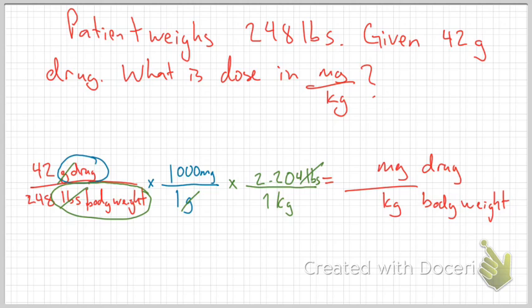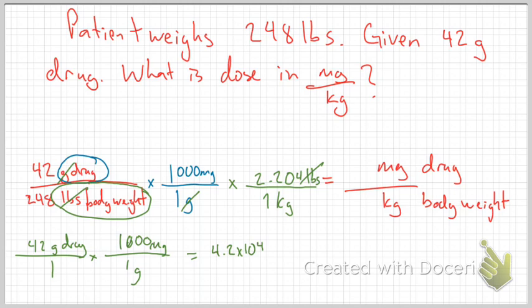However, if we wanted this to be easier, what would we do? Instead of this whole calculation, we could separate them. We could say 42 grams of drug over 1, and we can convert that. 1,000 milligrams is 1 gram, and we could find 10 to the 4th grams.